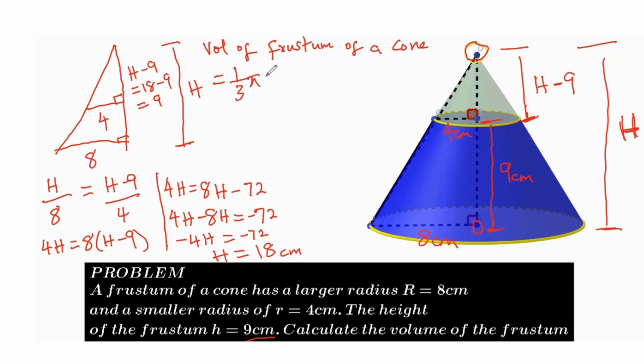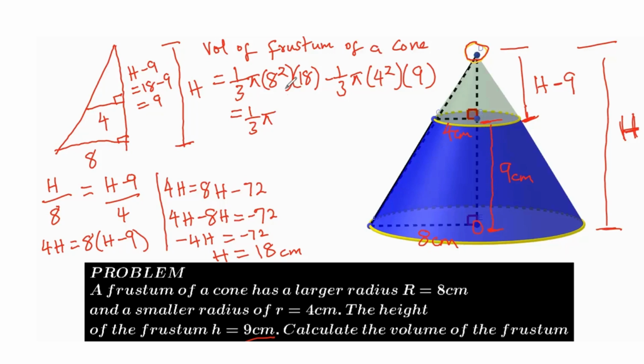All right, now let's take the radius of the big cone, which is 8 squared, times the height, 18, minus 1 over 3 pi. Okay, let's look at the radius of the small cone, which is 4, squared, times the height, which is 9.